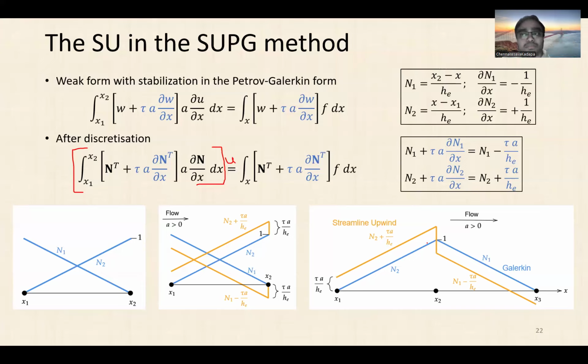By adding the stabilization term, we are creating the effect of upwinding. If you follow from the finite difference or finite volume method, this is exactly what we are doing. So we are creating a streamline upwinding by introducing the stabilization term to the weak form. This is the SU part in the SUPG method. I hope I made it clear.